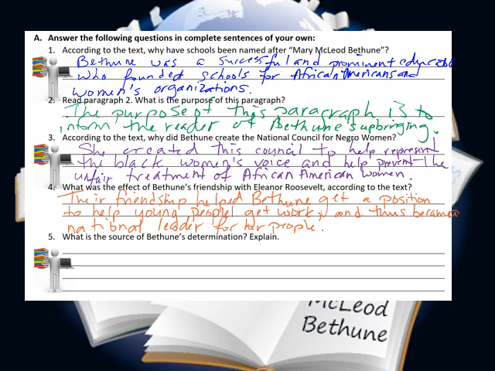Imagine, she wants to dedicate her life to helping others. They said to her, you cannot because you are black. Imagine people who help others, their lives are dedicated to help others. They said to her, you can't help others because you're black. So something happened here, and you have to tell me what the source of her determination is. And this might have been also an ignition to help her.